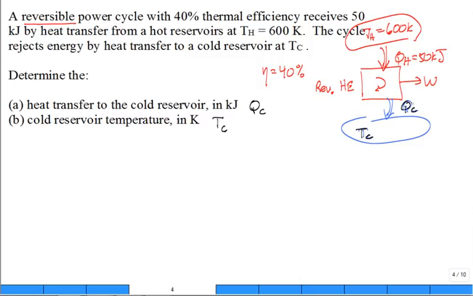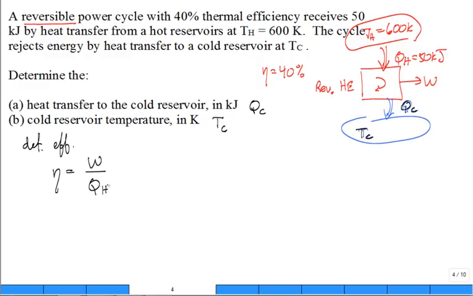Well, there's a couple things that we would try to bring to bear. One of them, what is the definition of efficiency? The thermal efficiency is equal to what we desire over what is supplied from the hot reservoir.